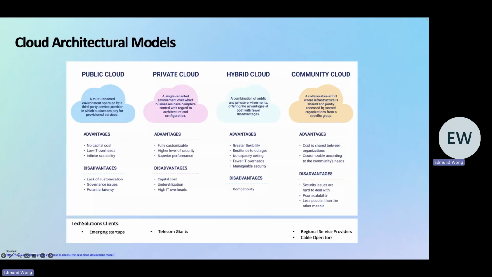So, cloud architectural models, there are four types, as you can see here. The first one would be public cloud. Then there's the private cloud, the hybrid cloud, and community cloud. So the public cloud is really a cloud base where it's pretty much open for anyone to the public.